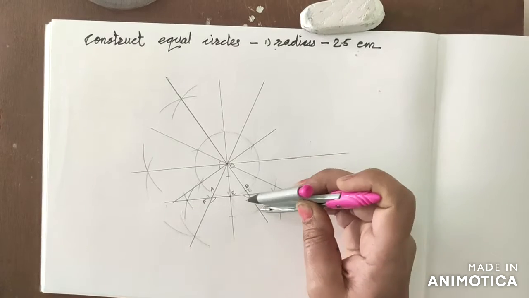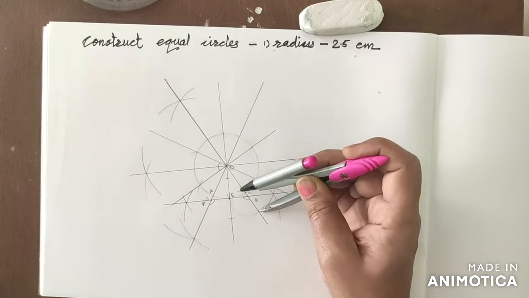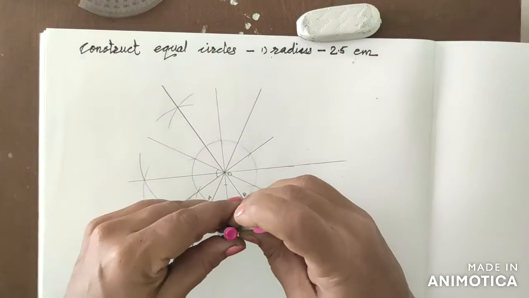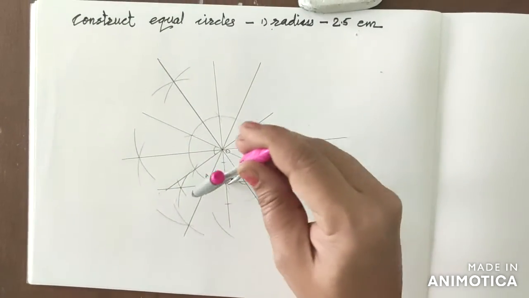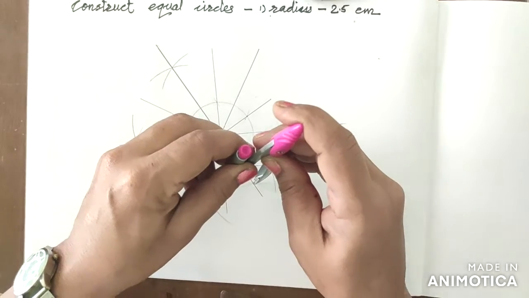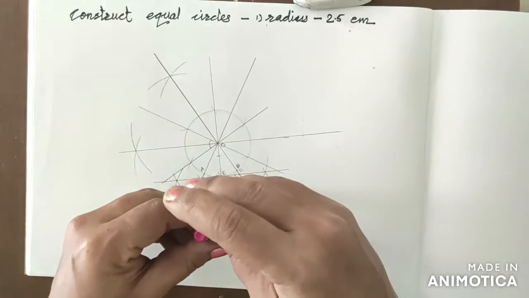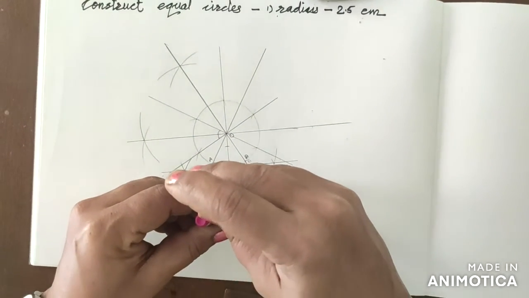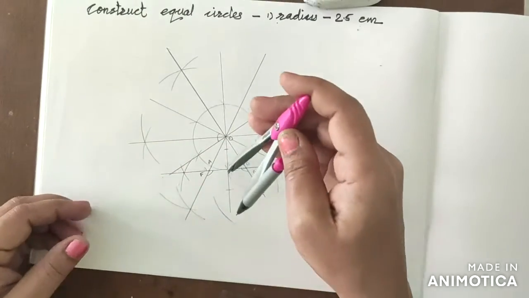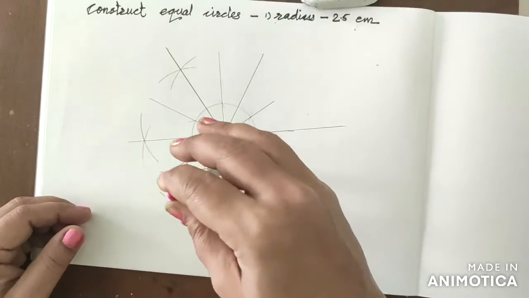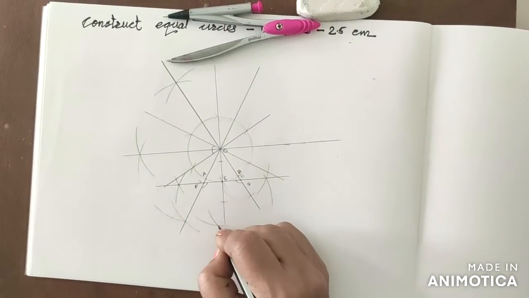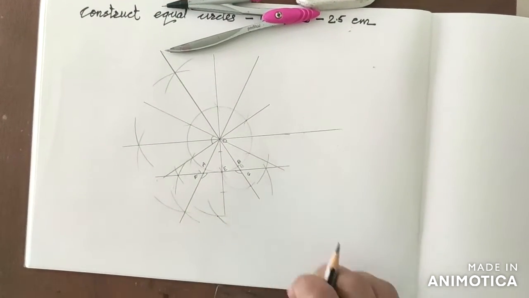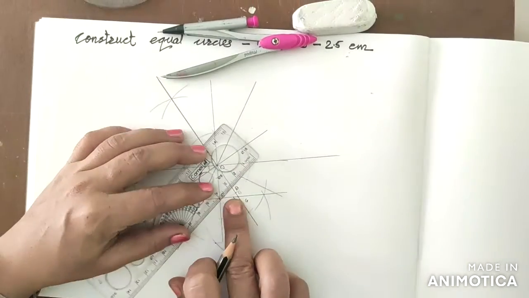So using that points, place our pointer there and taking some distance, in this way we get a bisector of this angle EBG.